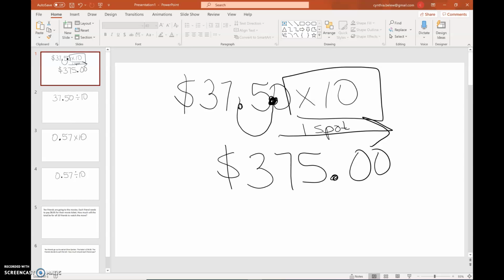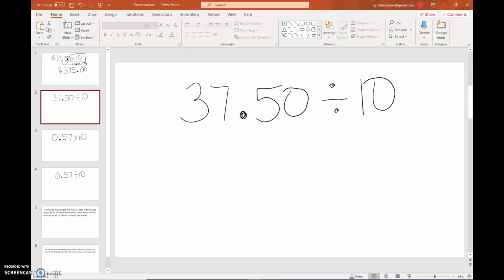Now let's look at division. When I divide, I know the number's getting smaller. So when I divide by 10, that decimal slides one spot to the left. So it's no longer 37 and 50 hundredths.